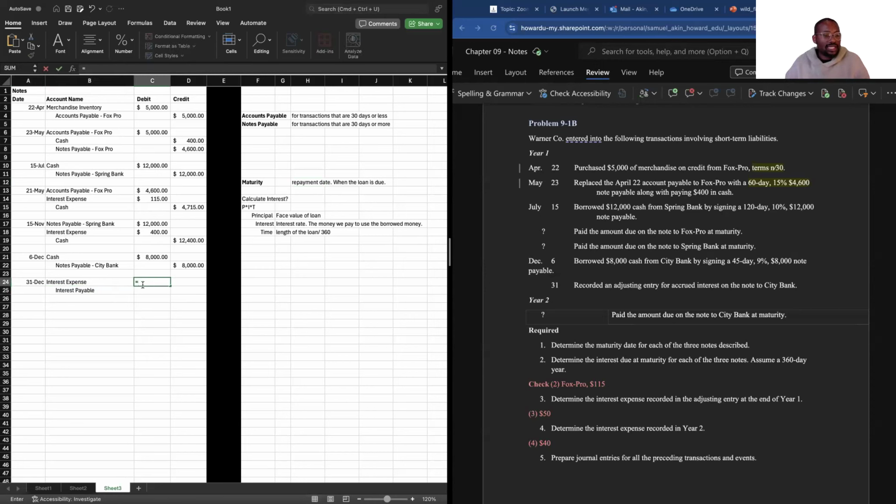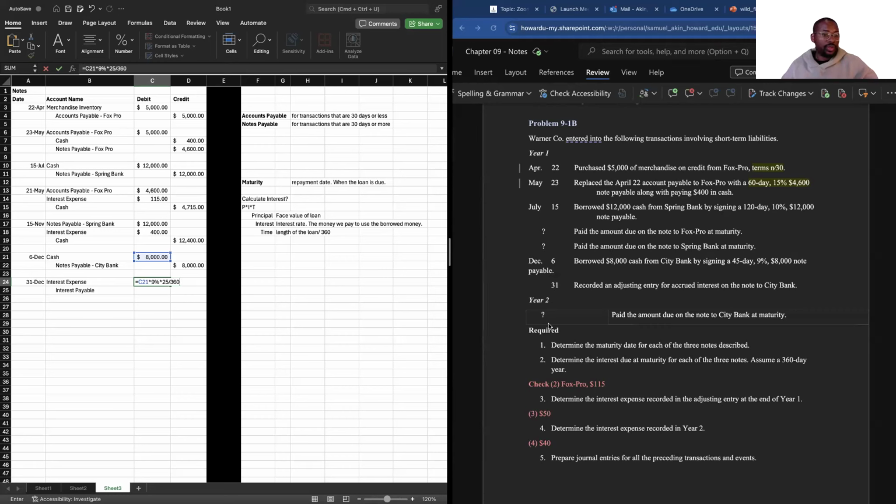The formula stays the same though. It's going to be principal of 8,000 multiplied by whatever the interest rate is, which is 9%. Now watch this, you all, that is then going to be multiplied by time. Now the time is not 45 days. It's going to be the days between 6 and 31. The days between 6 and 31, I believe, is 25.